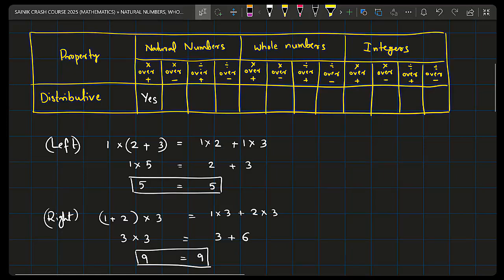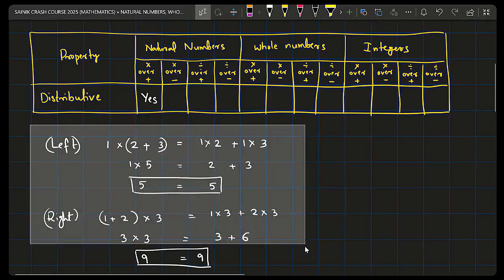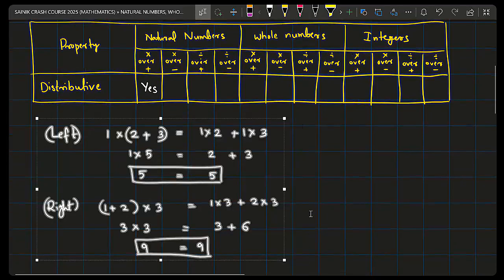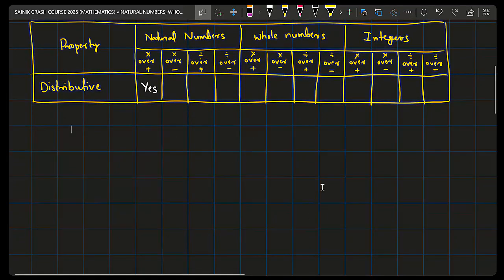So next, let us check the next property: multiplication over subtraction. Now, multiplication over subtraction, we'll take an example. Some random natural numbers I'll take, like 5, 3, and 2.